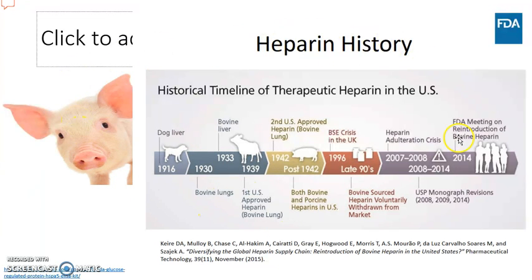In other countries it's a bit different. I think you'll be able to find in most countries bovine and also porcine heparin. In Muslim countries, probably you'll just have mainly bovine heparin, whereas in other countries you might have both bovine and porcine heparin.